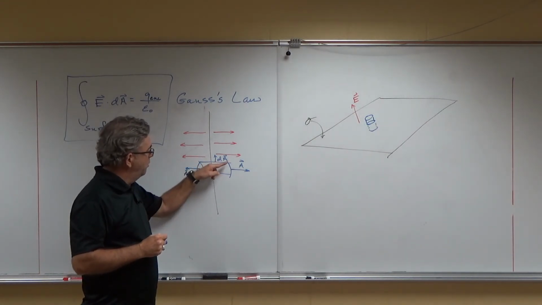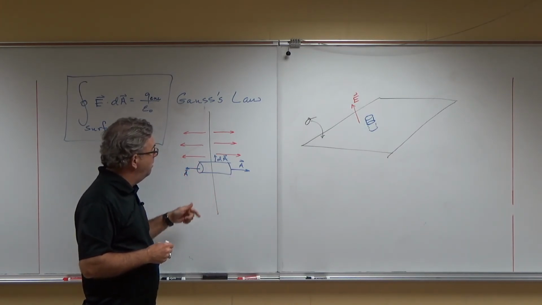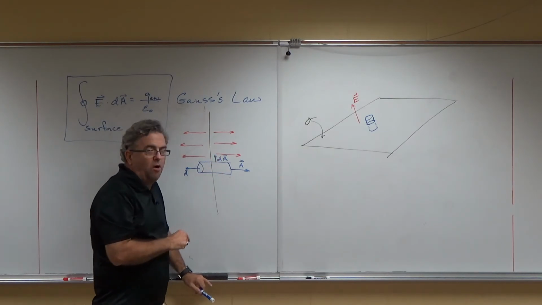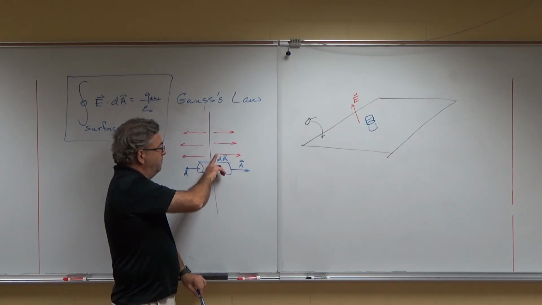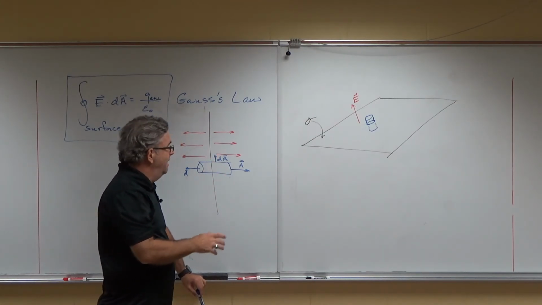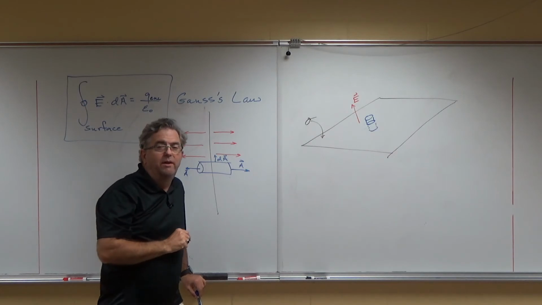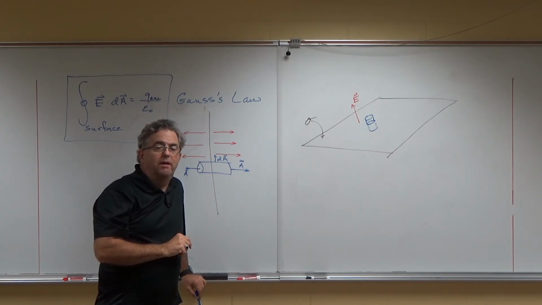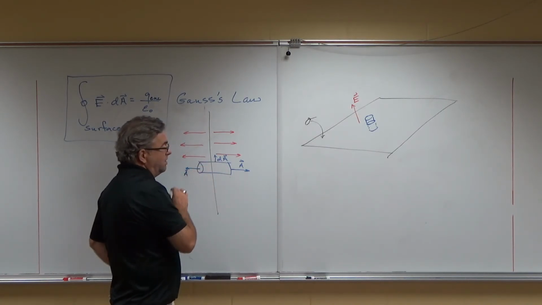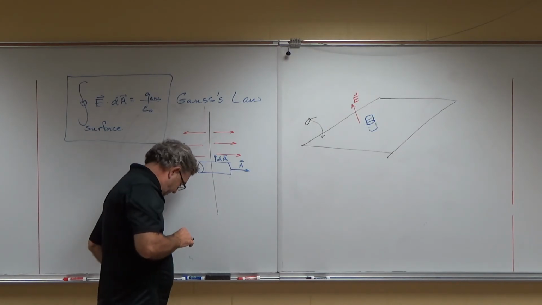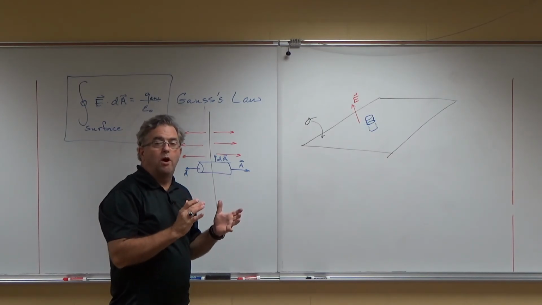This cylindrical part, unlike what we had with the wire, that little dA is always at a right angle to the electric field. Another way to say it is the electric field is in the same direction as the cylinder. There's no flux through that cylindrical part. No electric field is cutting through the cylindrical part. So I don't have to worry about that.